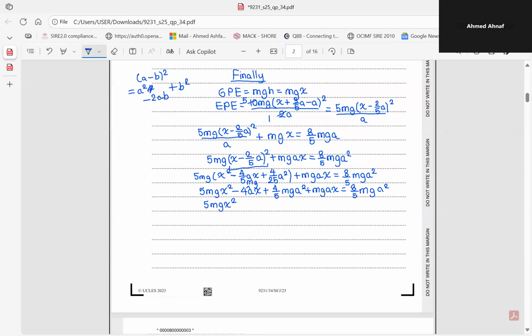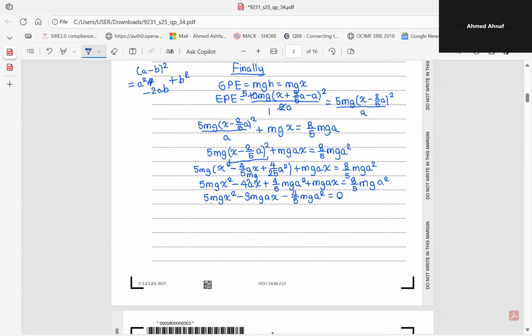Yep, okay. So total is 3mgax. And then the mga squared terms, you have 4 over 5 mga squared minus 8 over 5 mga squared. You will have minus 4 over 5 mga squared equals 0.